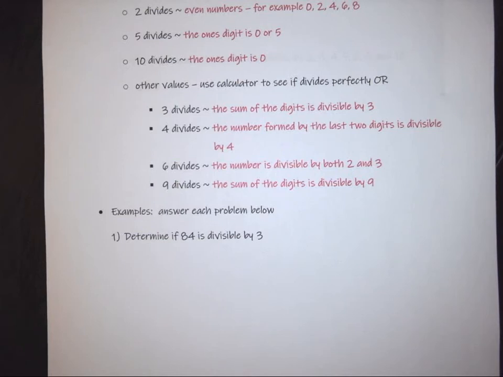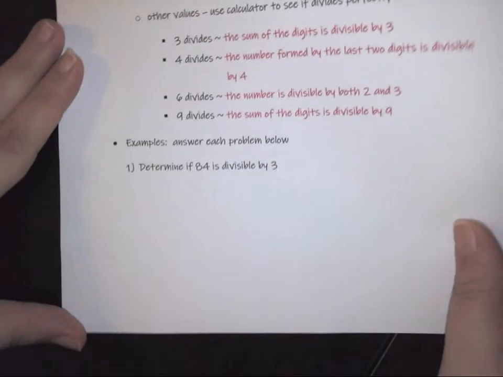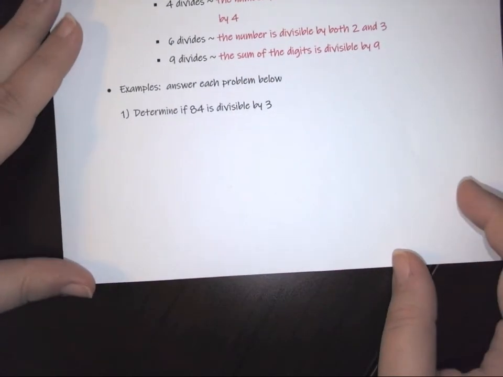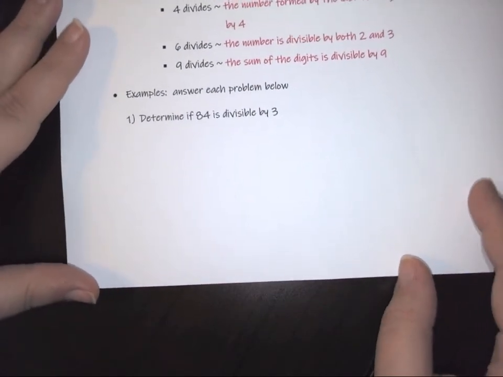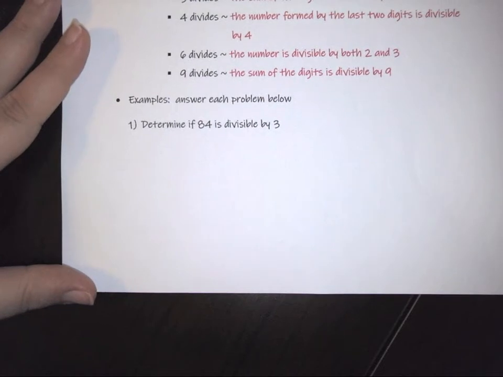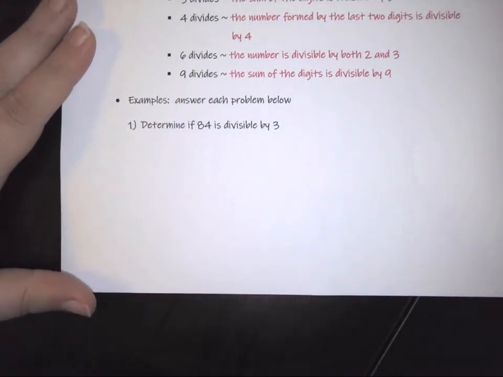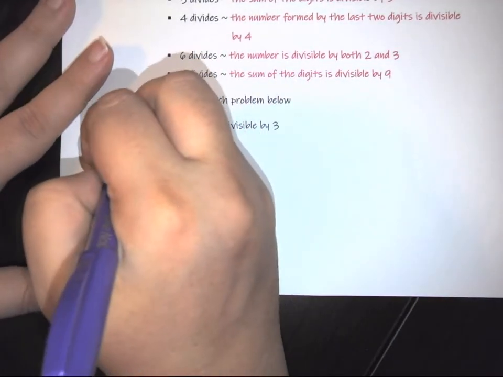So I've got just a couple quick examples here to kind of talk about the divisibility rules so you can see them in action. So first we have determine if 84 is divisible by 3. So in order to do that means first we need to know the rule.